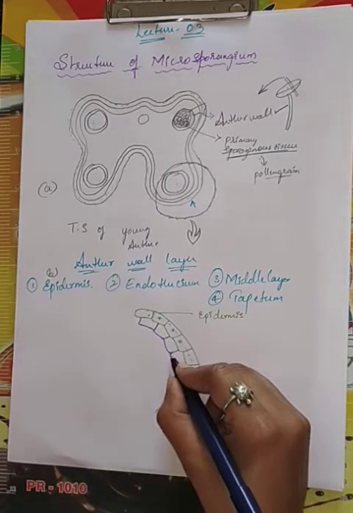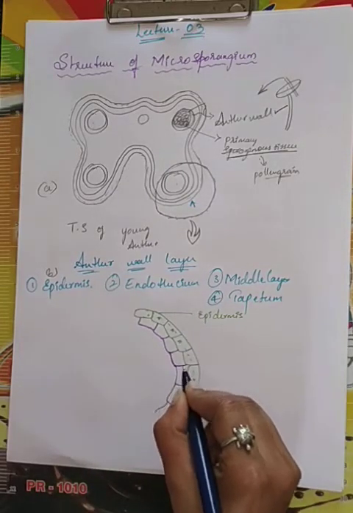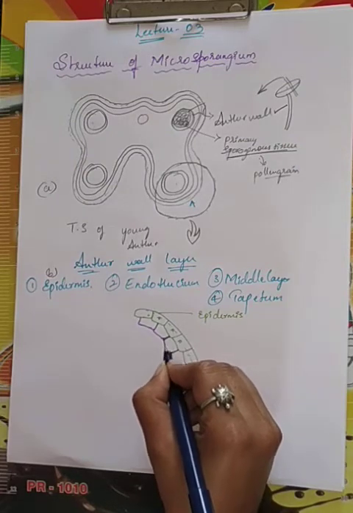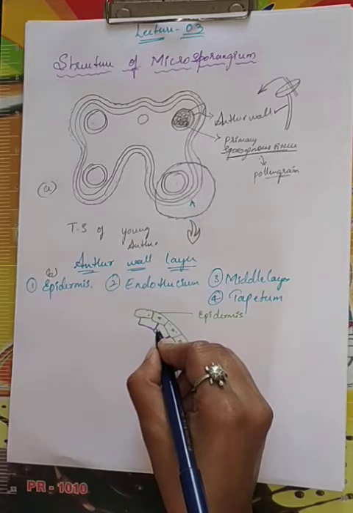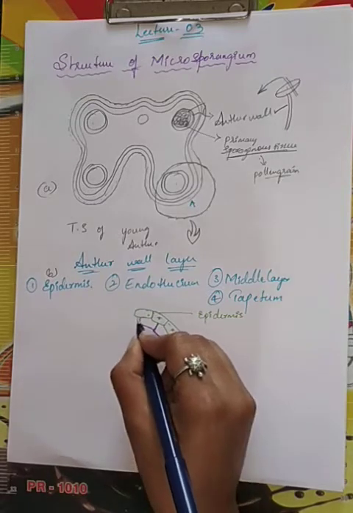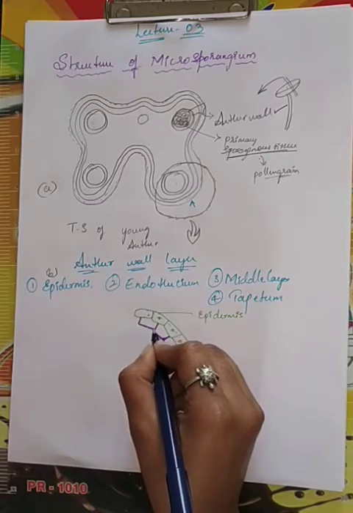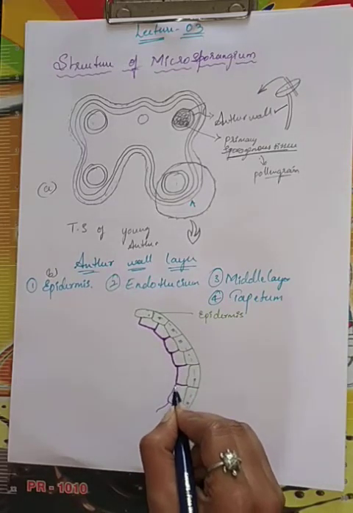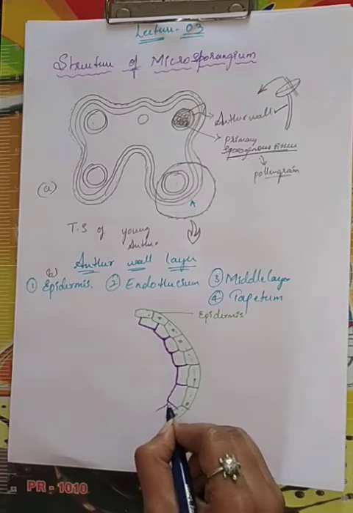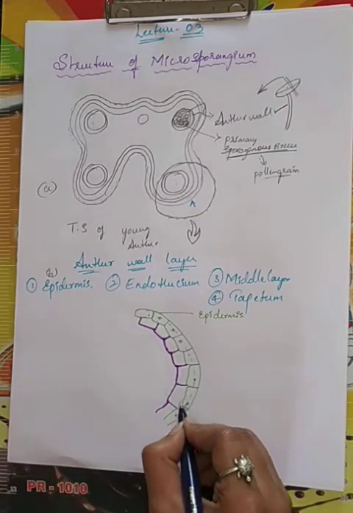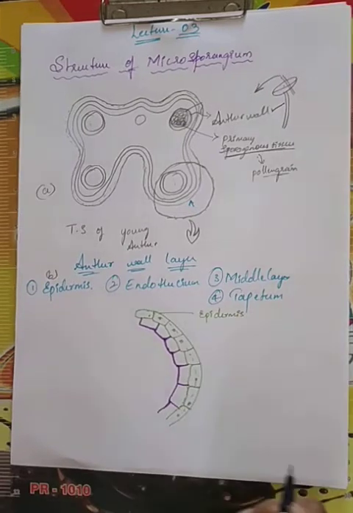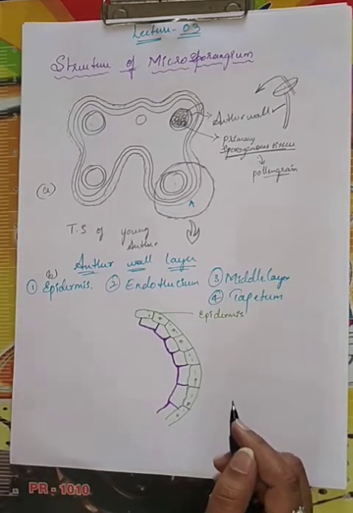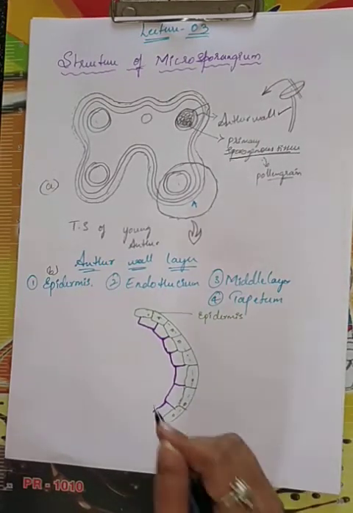When I draw the inner and then radial walls, this is radial, this is inner, I am going to draw them dark because the inner wall layer and the radial wall layer will be thick, whereas the outer layer will be very thin. I hope everybody is getting my words.